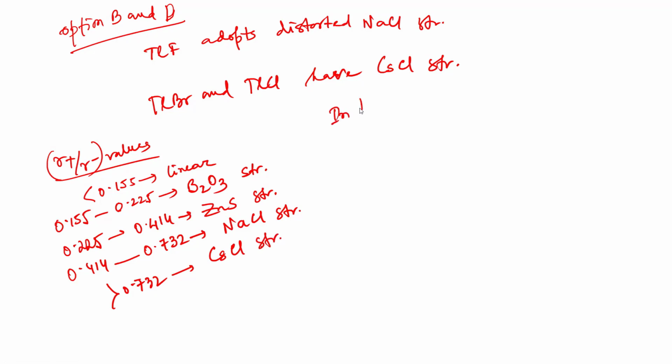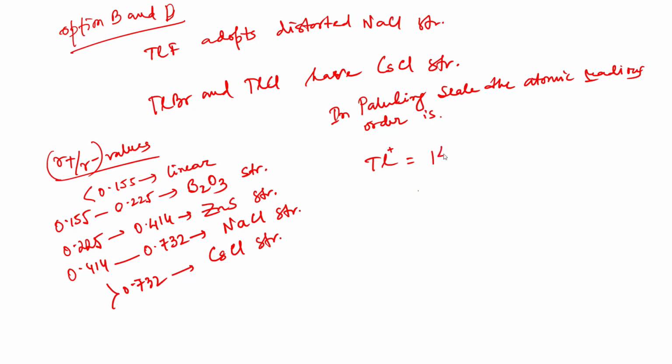Now in the Pauling scale, the ionic radii are: thallium plus ion is 144, F minus is 136, Cl minus is 181, and Br minus is 195.